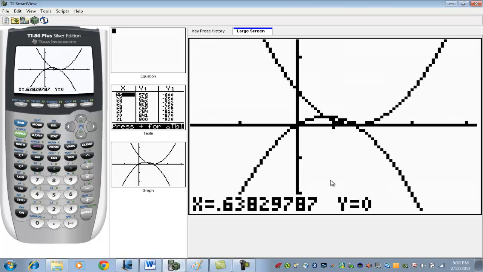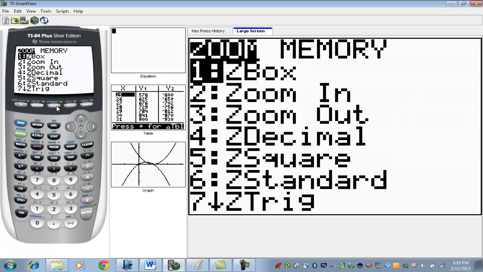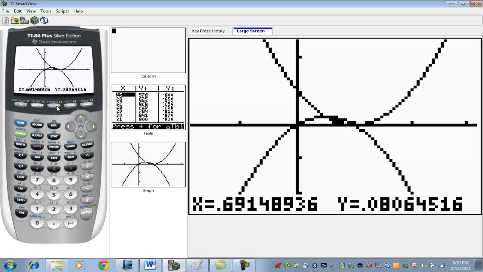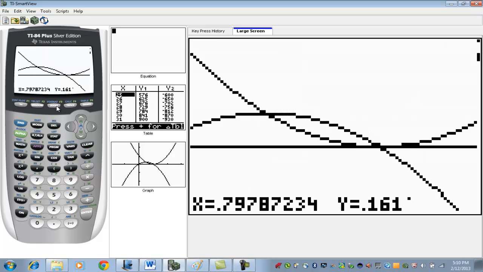Based on the image, it's actually not so obvious which region we are talking about, so we zoom in one more time. Press zoom in again and go to the region where you want the calculator to help you zoom in. This is better. So essentially this is the area that the question wants us to find.